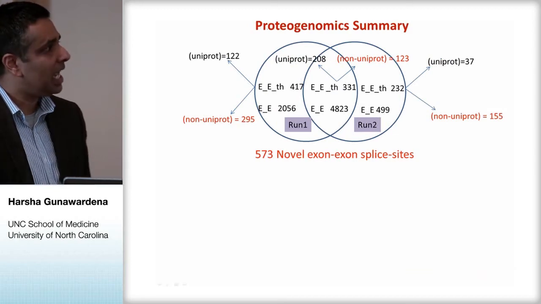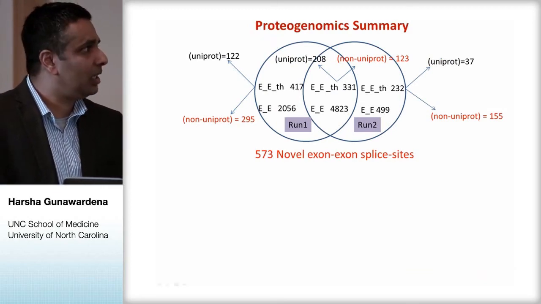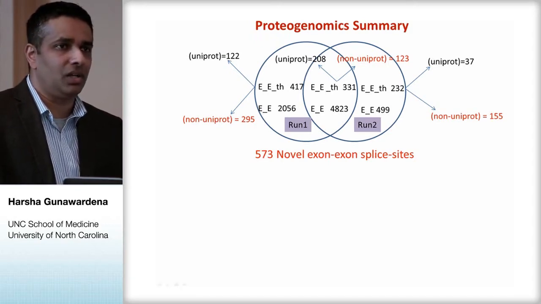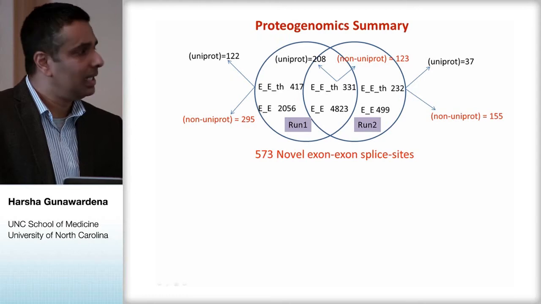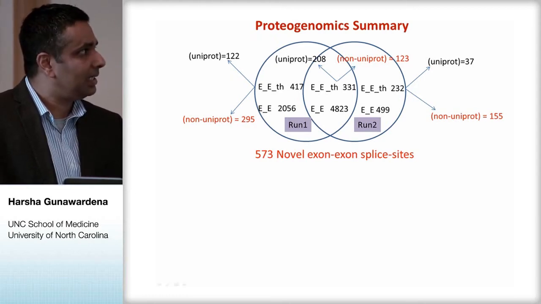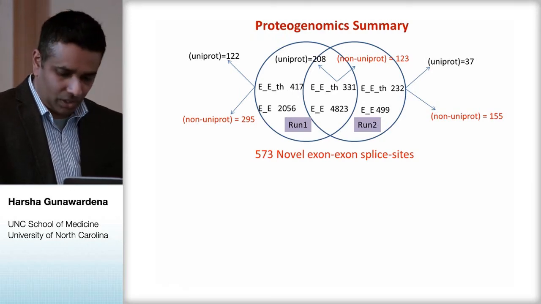So overall, we've been able to identify 573 novel exon-exon splice sites. This doesn't really account for the intron-exon or exon-intron boundaries that I have gone through, just the novel exon-exon splice sites, for which we checked whether they were present in the UniProt databases, which they were not.